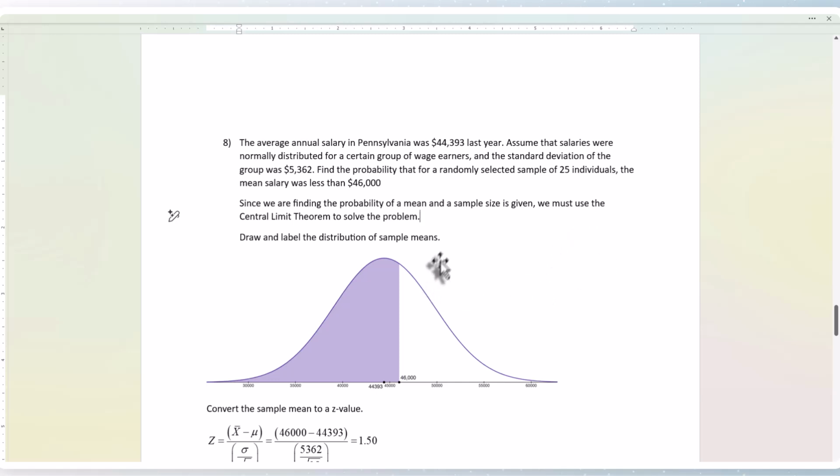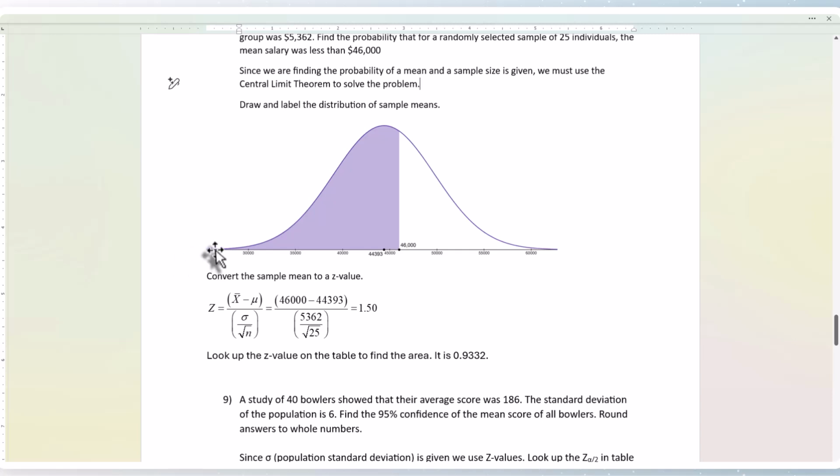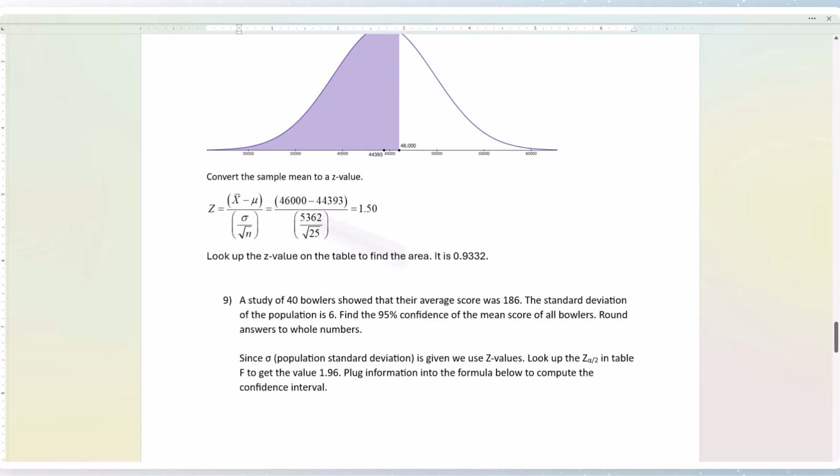Now, since we're finding the probability of a mean, and the sample size is given, we must use the central limit theorem. So we draw the distribution of sample means. The mean of the distribution is 44,393, and we're looking for the area less than 46,000.